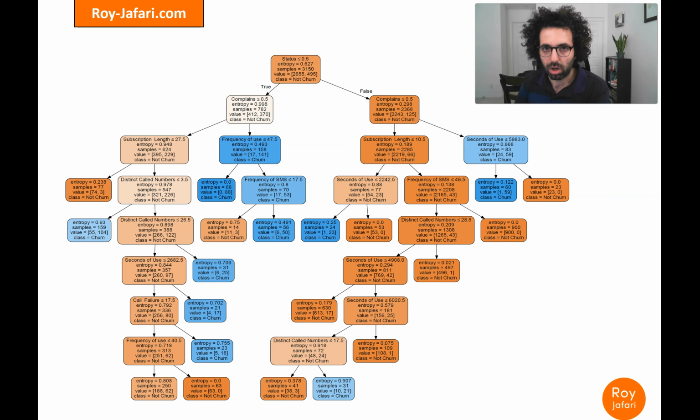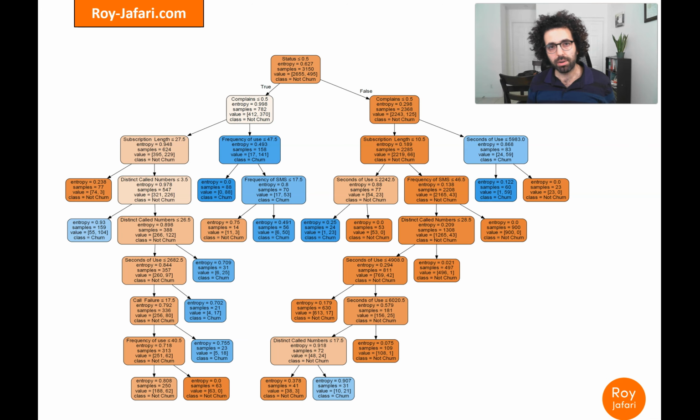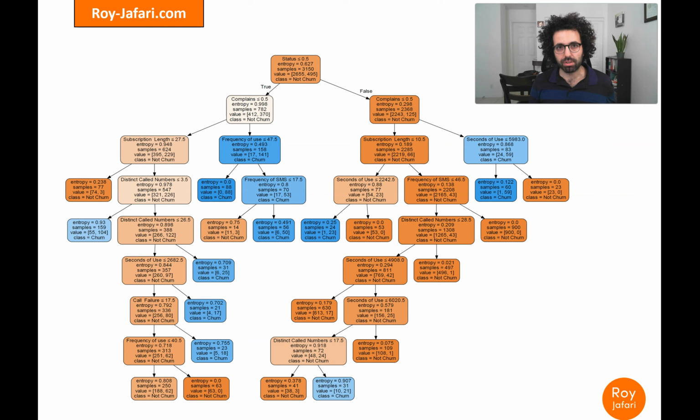When we run a decision tree, tune it, and find the most successful decision tree, this is what it will look like. You will see, for example, the independent attribute of status comes first, and then you've got complaints, subscription length, seconds of use, seconds of SMS or text messages, and so on. So now, after looking at this rather large decision tree, this last weakness that we discussed shows itself better. It's just too visual. How do we know which attribute is more important?